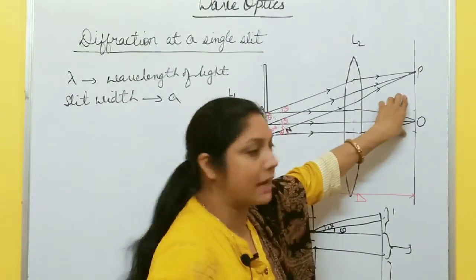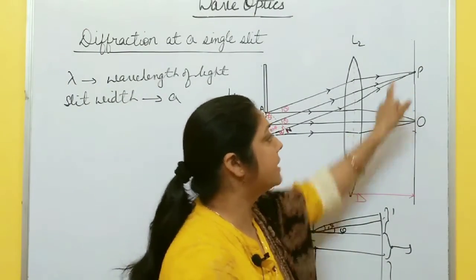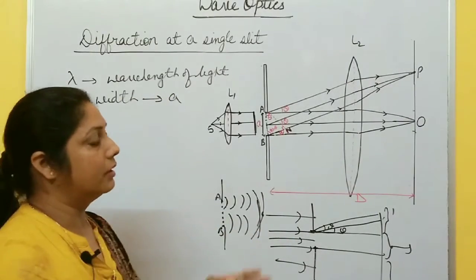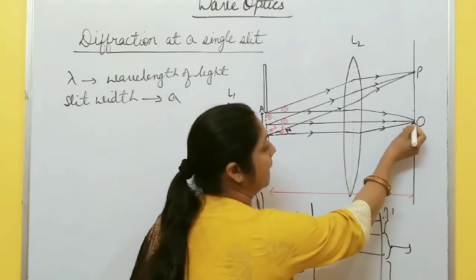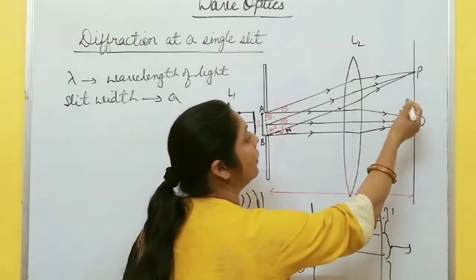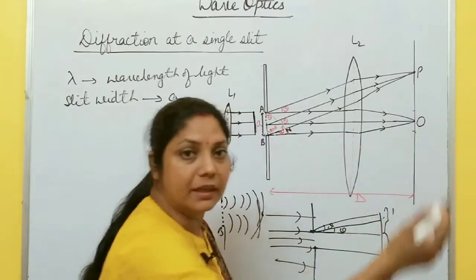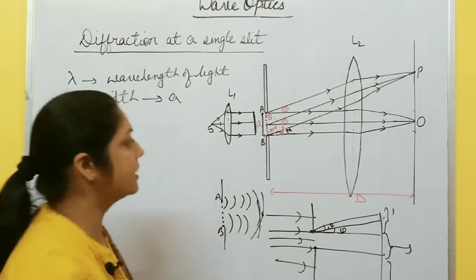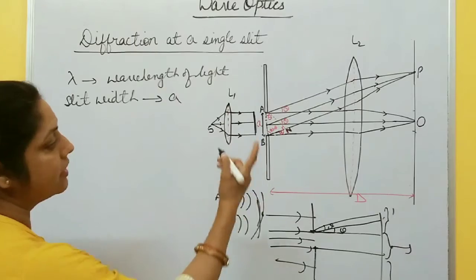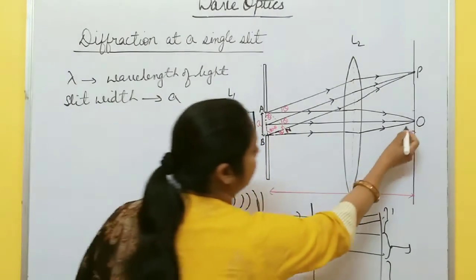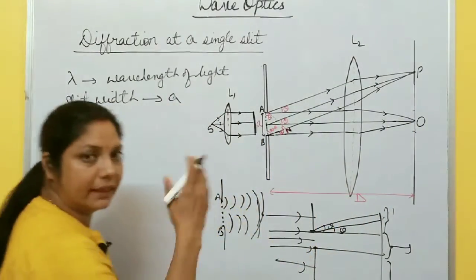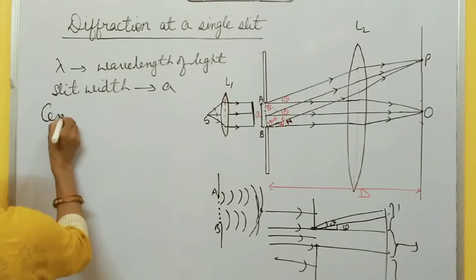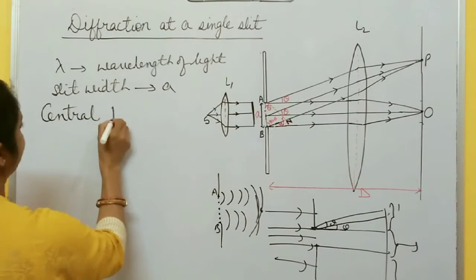Let us see how the central maxima is formed at the center of the screen, then what is the position of the minima, then the secondary maxima at different points on the screen. Let us discuss one by one. First we'll discuss the central maxima, then minima, then secondary maxima. So the first one is central maxima.